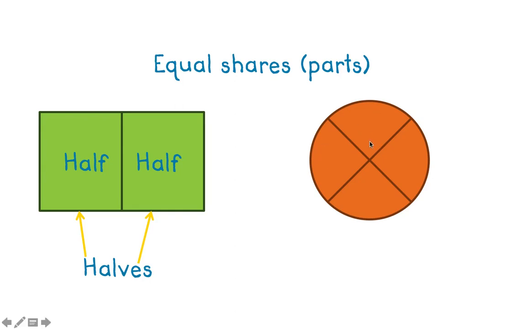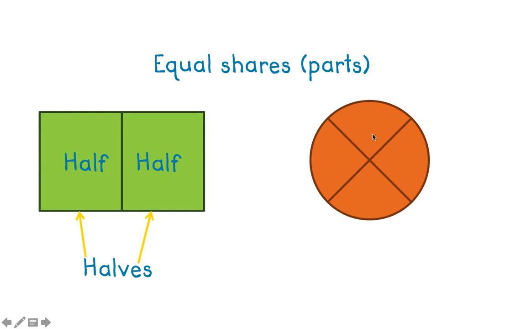So, what do I call this part? This part is one part of the 4 parts. This whole is divided in 4 parts. 1, 2, 3, 4. 4 parts, and this part only is 1.